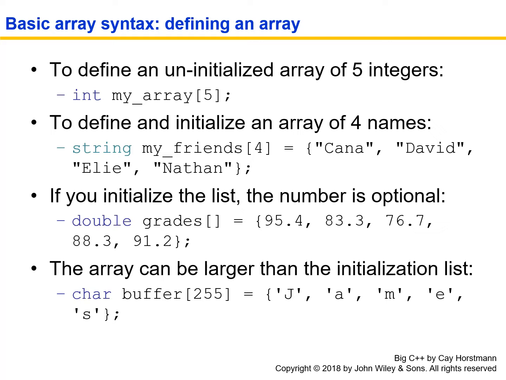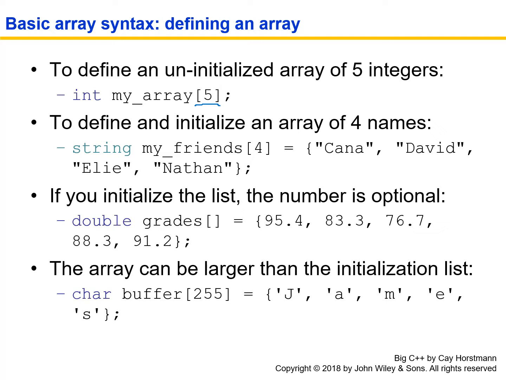Now, here's some basic array syntax. To define an uninitialized array of 5 integers, we go with int myArray. We put a numeral 5 inside the square brackets, and that tells the compiler to set aside 5 memory boxes, 5 integer-sized memory boxes for that matter, to use with the variable myArray.